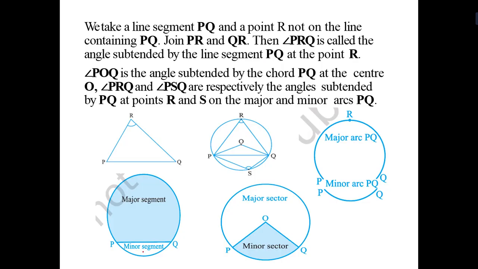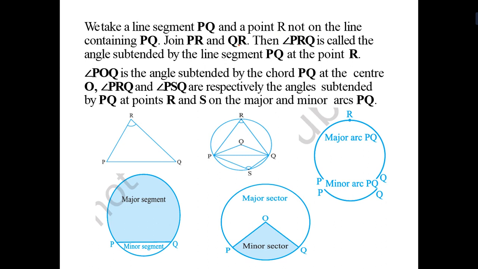Now, just now we have discussed sector, segment, arc, minor arc. So first of all, we can take a line segment PQ and a point R not on the line joining PQ.